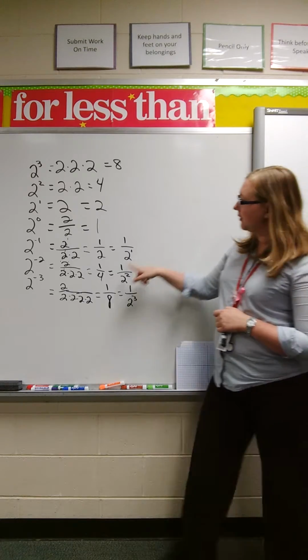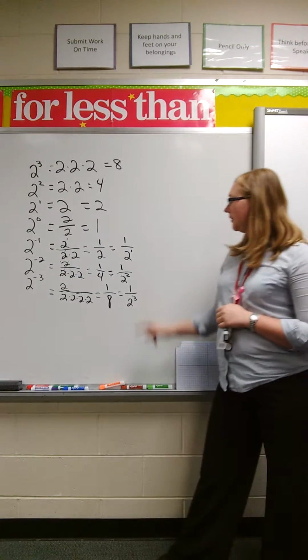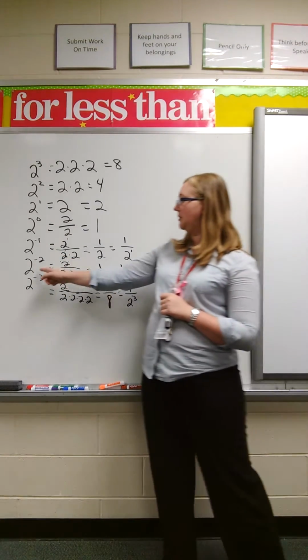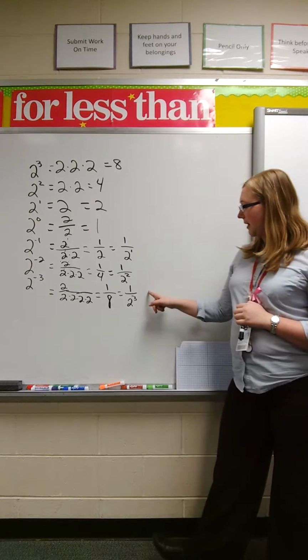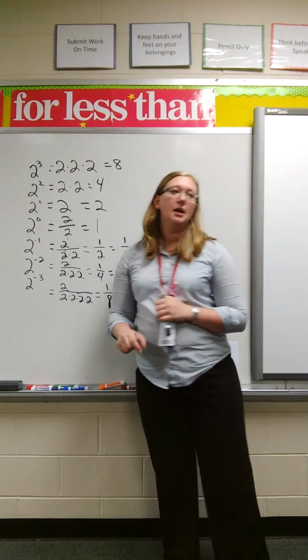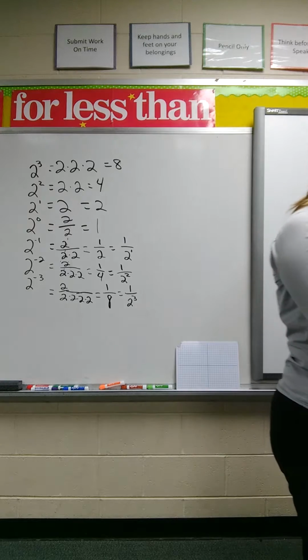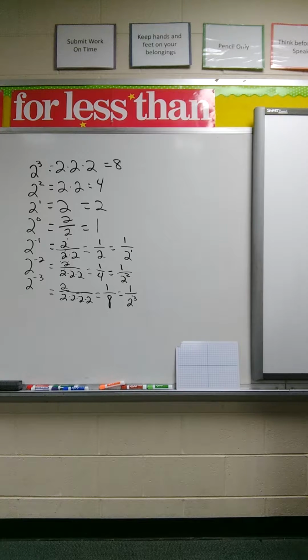This is 2 to the first, that's 2 to the negative 1. 2 to the positive 2, 2 to the negative 2. 2 to the positive 3, 2 to the negative 3. Did the number in my exponent change? No. Did the sign change? Yes. Okay.